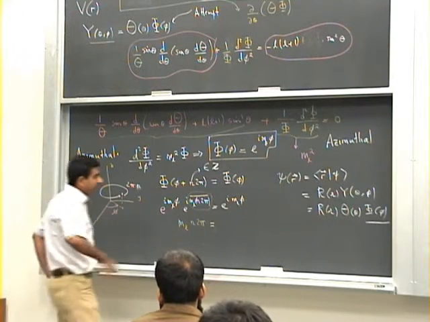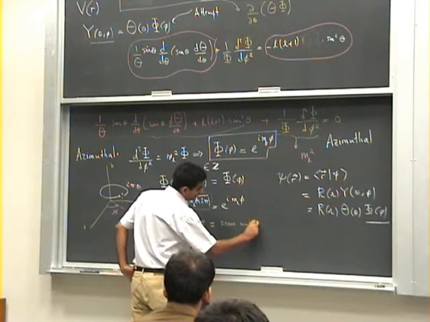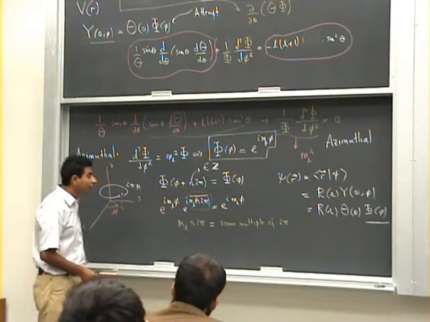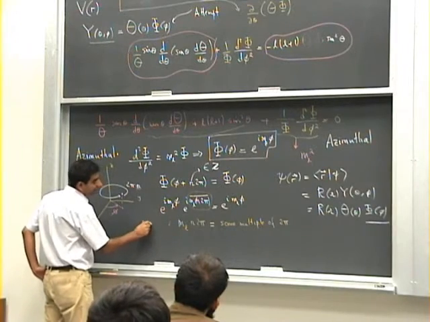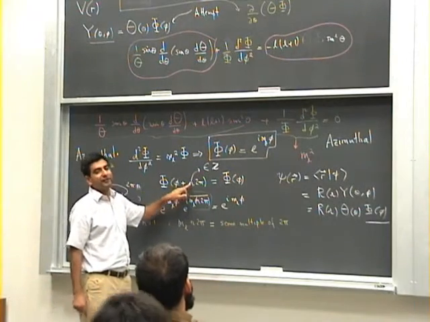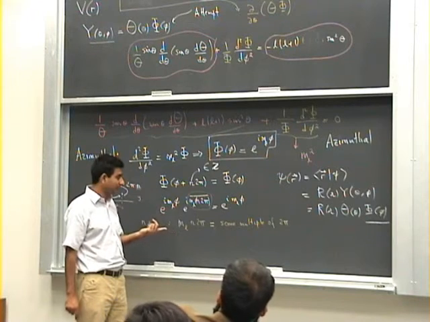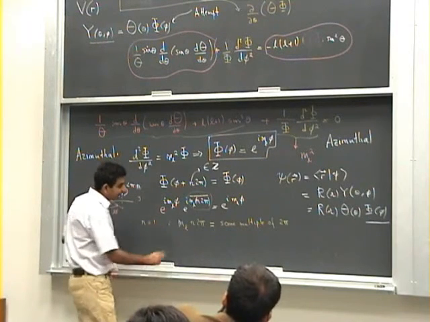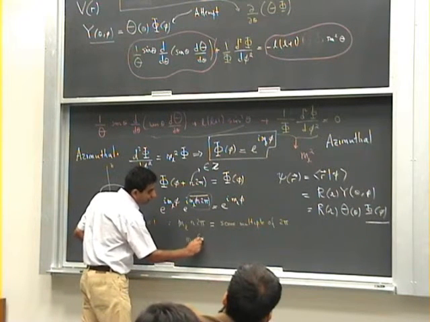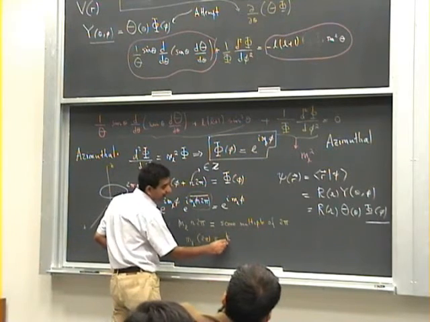Right? And it must also hold if n equals 1. If it holds for any integer, it must hold for n equals 1. Which means that ml into 2 pi, I take n equals 1, I can put some other integer k here and 2 pi here.